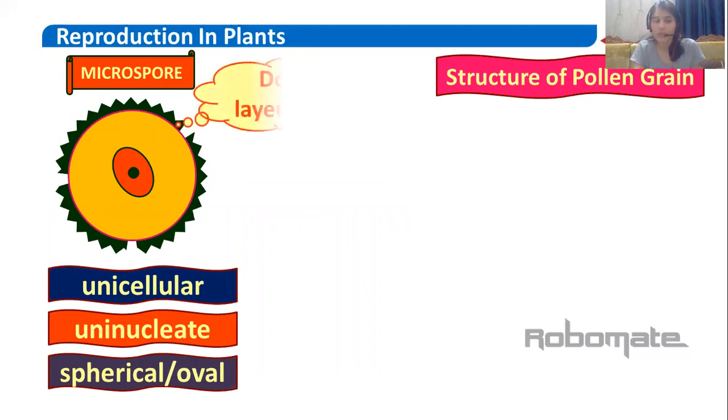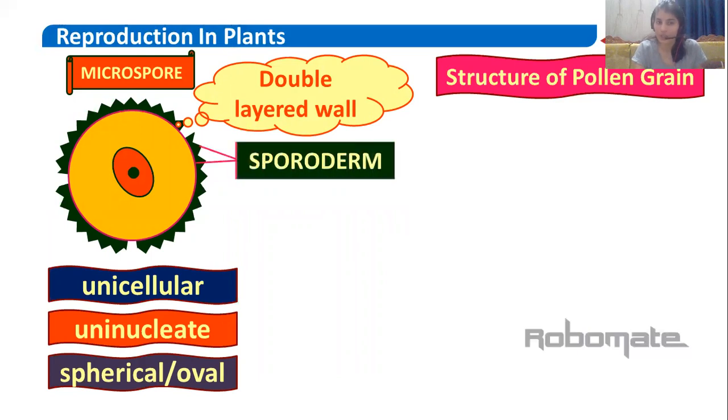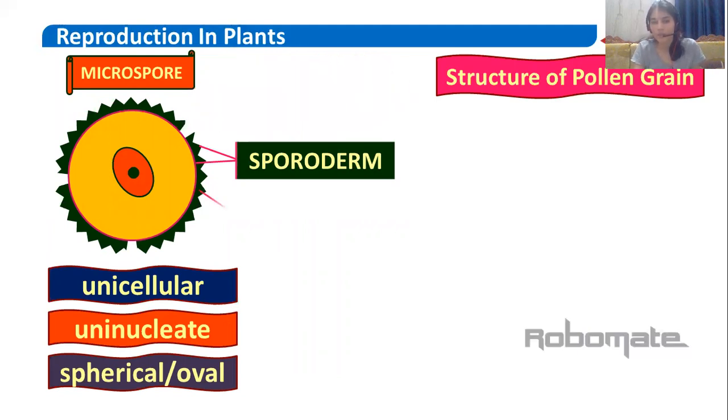Now this microspore is double layered, meaning its wall contains two layers, and we'll discuss each layer. Both of these two layers are called the sporoderm. So the sporoderm is the double layered wall of the microspore. It has two components, and we'll see that.